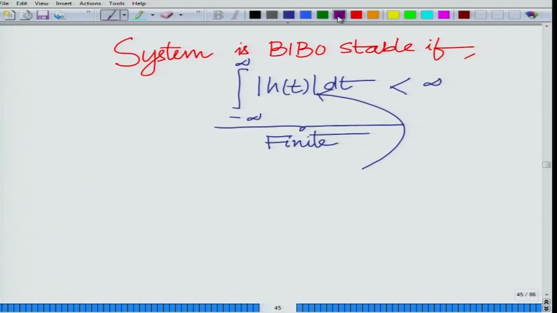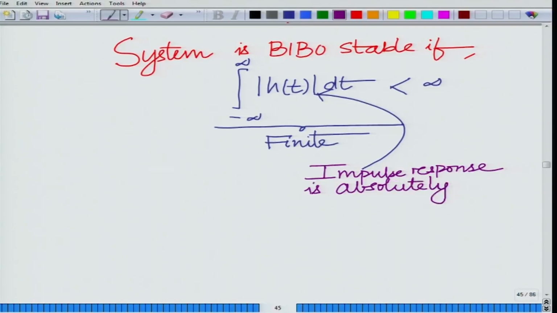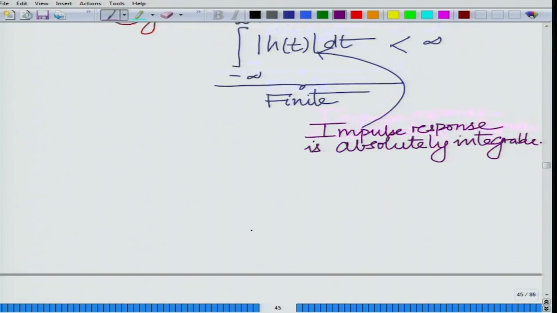Another way of saying this is the impulse response is absolutely integrable. Let us justify this condition.